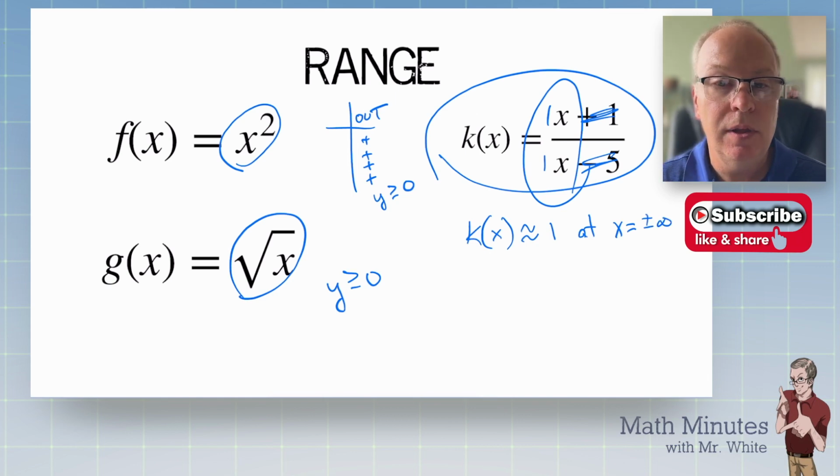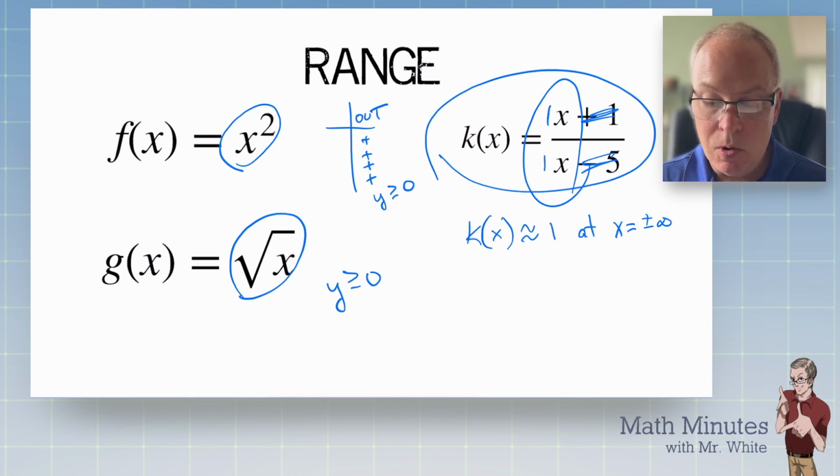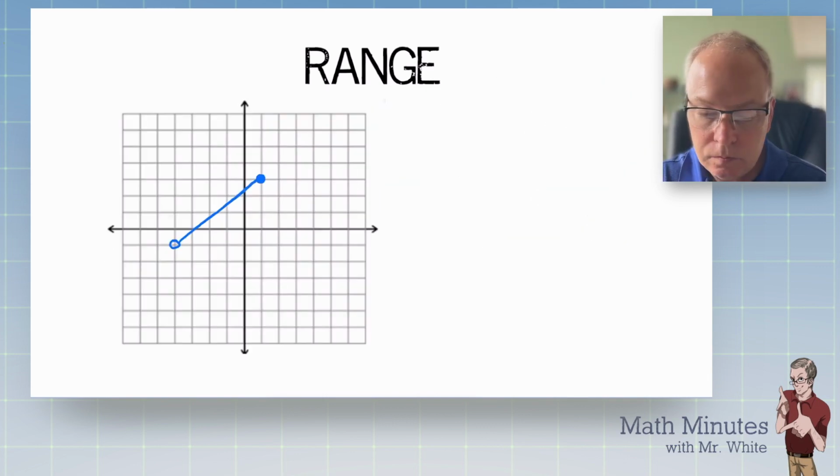So when you're plugging really big numbers in, it's going to look a heck of a lot like the number 1. So that's kind of how we know it's coming in for a landing on 1, and that's a horizontal asymptote. That's more of a pre-calculus concept, or at the end of Algebra 2. So for this one, if you're in Algebra 1 and you're talking about domain and range, just go to the graph. Just go to Desmos, look at it, and see how high and how low it goes.